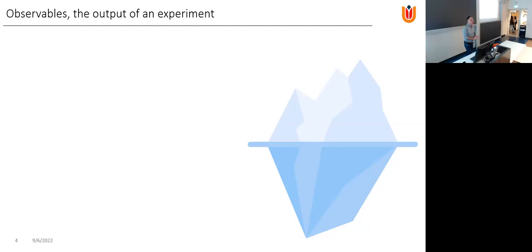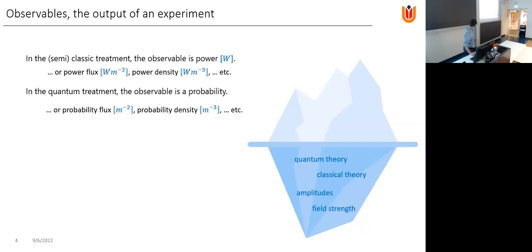However, whichever of these theories we may choose, we are obviously interested in observables, in the output of experiments. So whatever is under the surface, be it quantum theory or classical theory, whatever we calculate, what we are interested in is observables. And in the semi-classical treatment, that observable is power, optical power, watts, or maybe it's power flux, so watt per square meter, or maybe it's power density, watt per unit volume, but it's power.